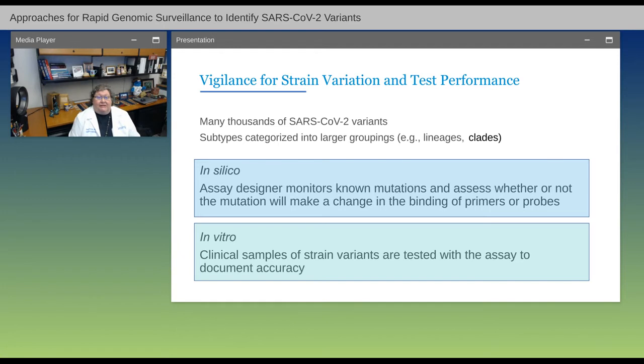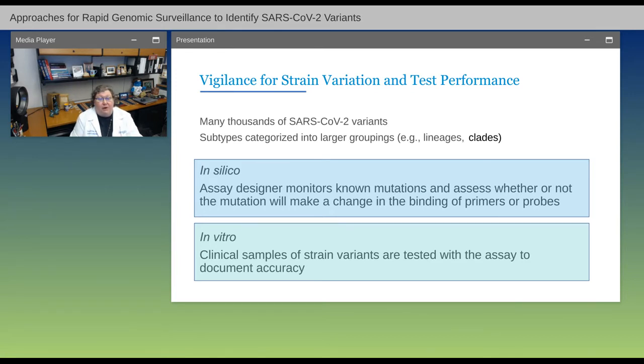Now, in our testing menus, we need to understand that we need to continue to be vigilant for strain variation that could impact our test performance. So we know that there are many thousands of SARS-CoV-2 variants, and the subtypes are categorized for us into larger groups, sometimes called lineages, clades, or variant groupings.